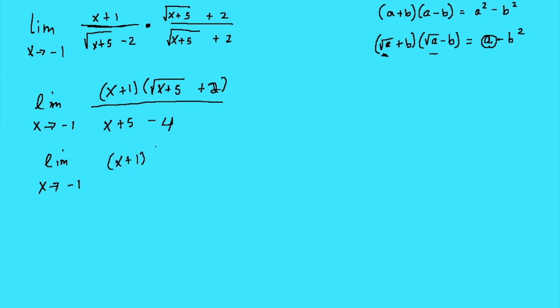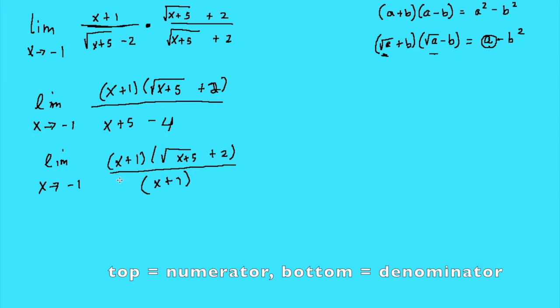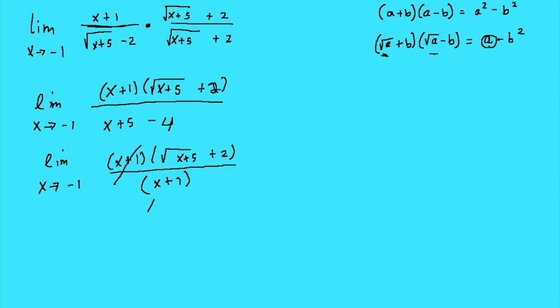On top we have x plus 1 times the square root of x plus 5 plus 2, and the bottom is just x plus 1 as well. Now you probably recognize that x plus 1 is on the top and on the bottom, so we can cancel out our x plus 1s, and we really just need to figure out the limit as x approaches -1 of what's left.